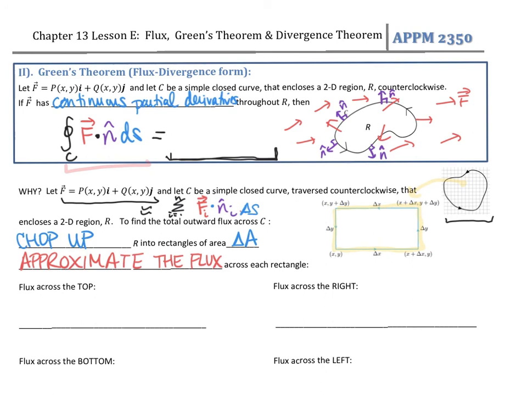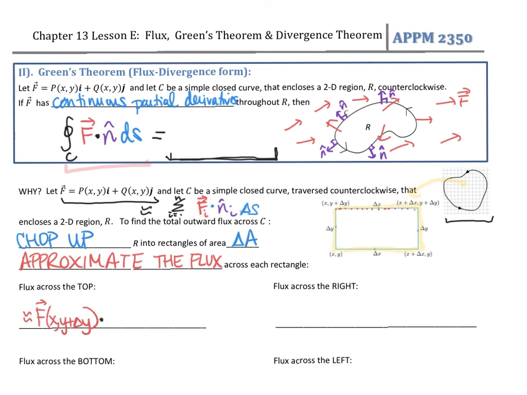So we're going to approximate the flux across the top by evaluating the vector field at any point along the top. I'm just going to pick the top left corner, and I can pick any point along the top, because the idea is that we're doing this for such a small little rectangle that we're going to assume the vector field is approximately constant along that top boundary, so we'll get the same vector field.